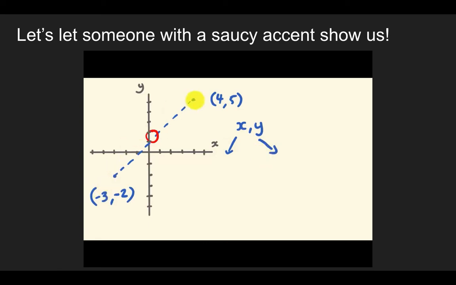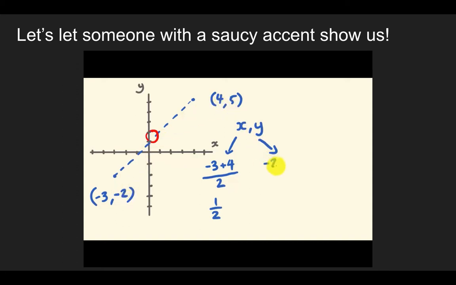The middle between these two x values, between -3 and 4. If we want to find out the point between these, what we do is we add them together and we divide by 2. So -3 plus 4 is 1, divided by 2 is half. And that's going to be our x value. For the y value, we've got one point at -2, and another one at 5.